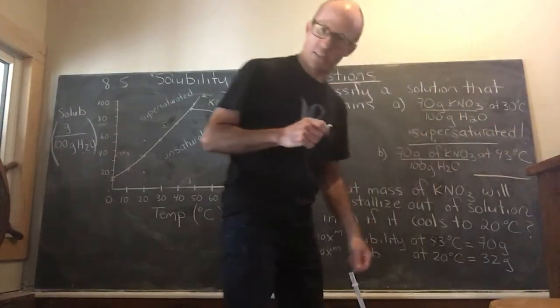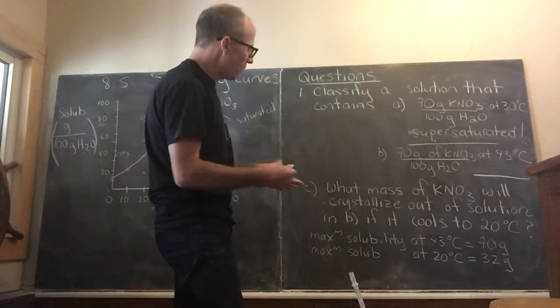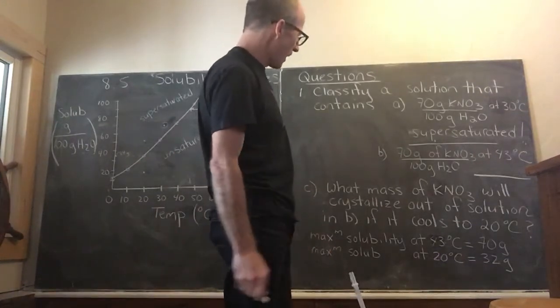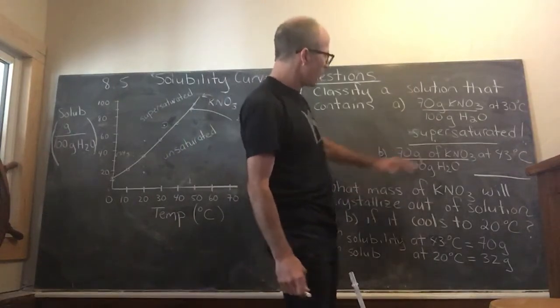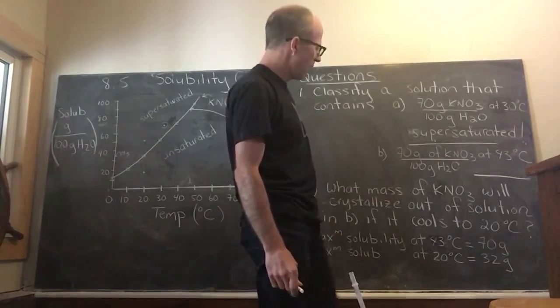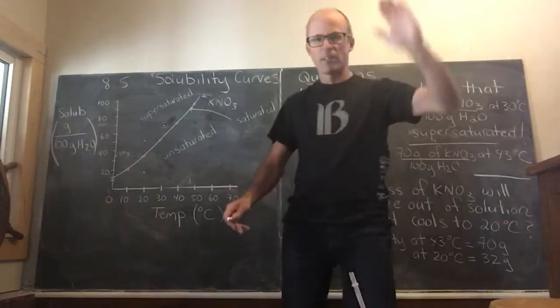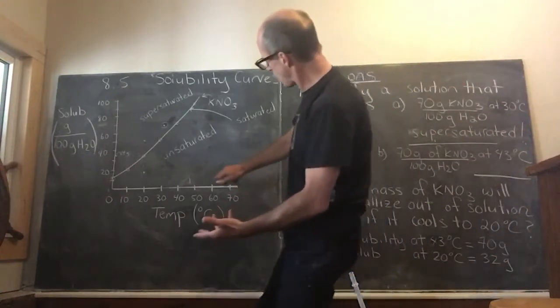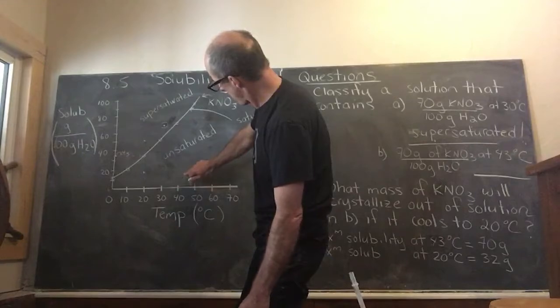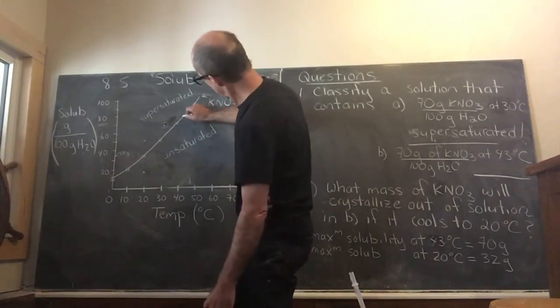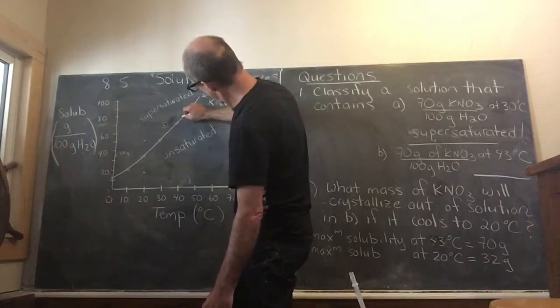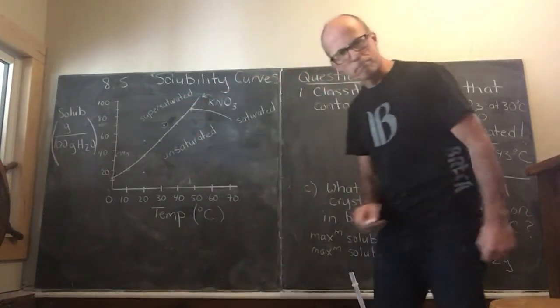That should make a lot of sense. On the other hand, if I were to ask you to classify a solution that involves 70 grams of potassium nitrate at 43 degrees, if we go to 43 degrees and we go up until we hit that curve, lo and behold, we are pretty well on the line.